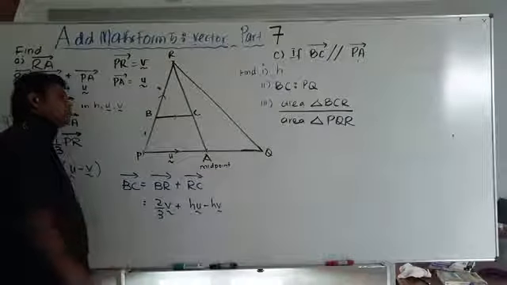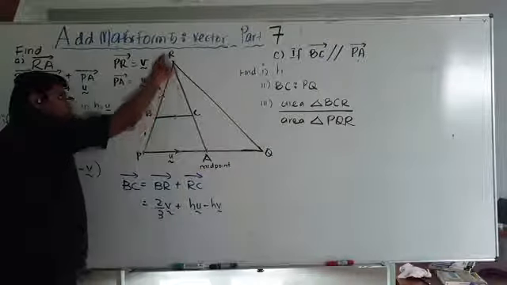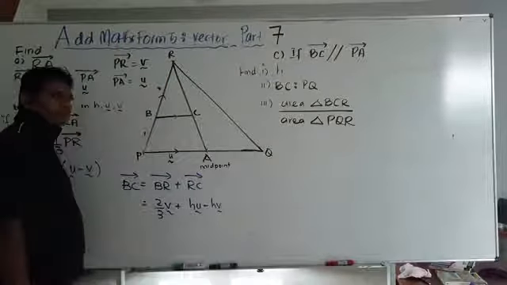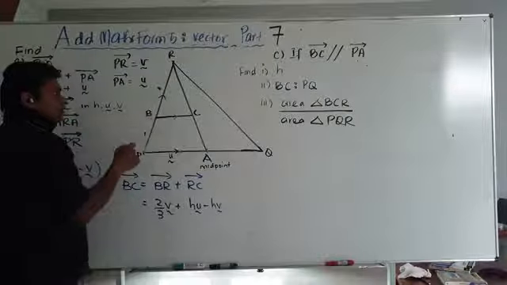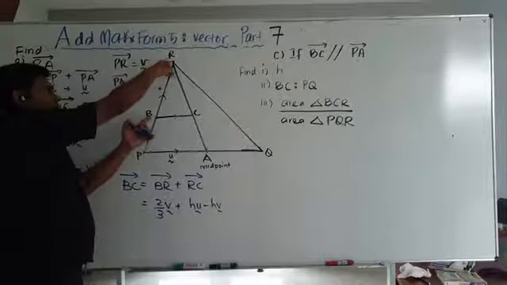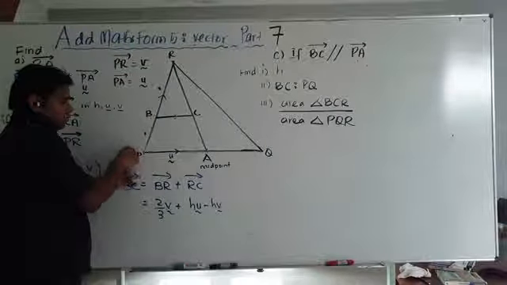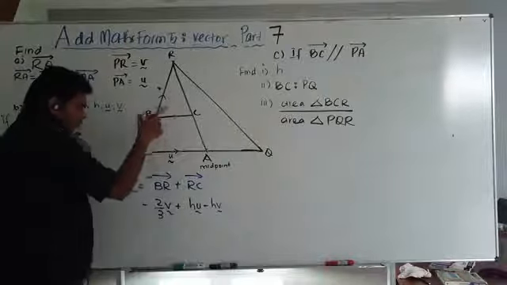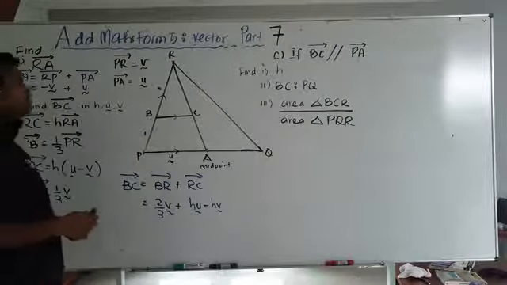So we use ratio. What's the ratio? BR over the whole thing must be equal to BC over this thing. Can you see? The small length over the long part here. The smaller length over the longer length. Ratio.